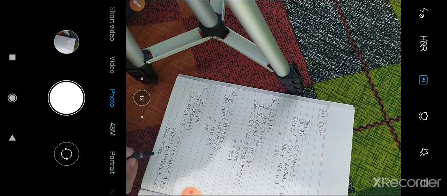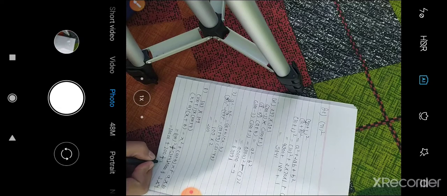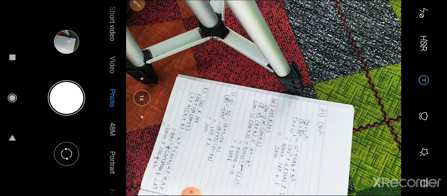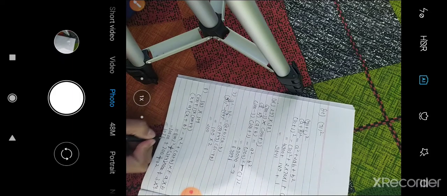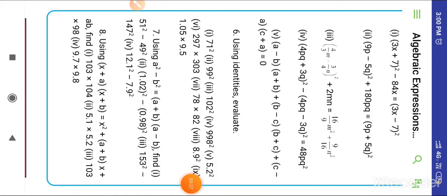After solving the second term, we have 700, and after solving the third term, we have 12. After that, we will add them, and we have 10712. In this way, you can solve the remaining parts of this question.